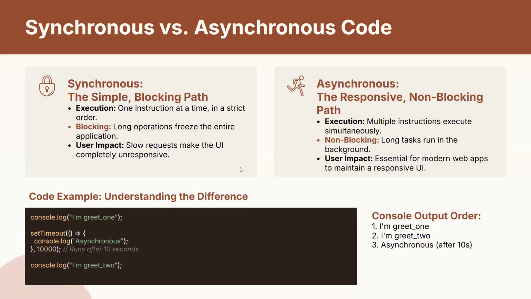And then after 10 seconds, this console log statement will be executed. So that is one brief example of how asynchronous behavior allows us to keep the code running while the delayed task happens in the background. This is part of what keeps web pages responsive instead of freezing.